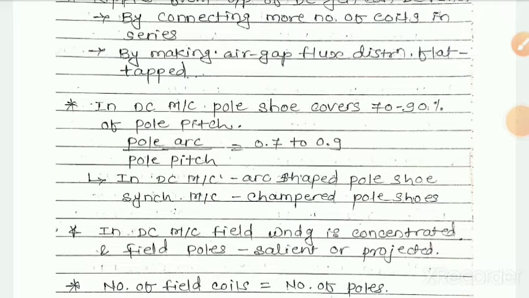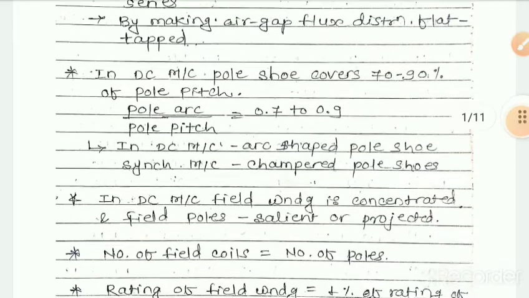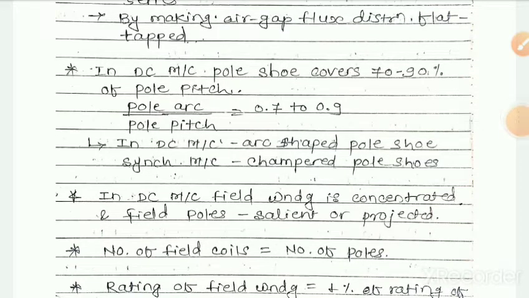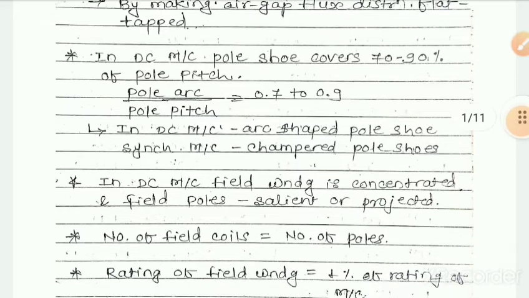In a DC machine, the pole shoe covers 70 to 90% of the pole pitch, and the ratio of pole arc to pole pitch is 0.7 to 0.9. Pole shoes are attached to the pole core by means of countersunk screws.